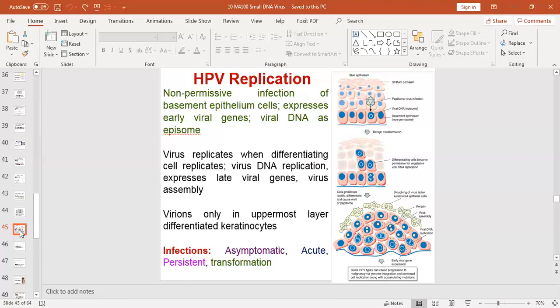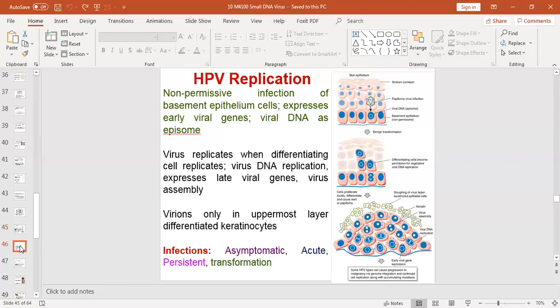The patterns of HPV infection are asymptomatic, acute, persistent, and transformation. So the virus is capable of causing all patterns or ranges of infection.